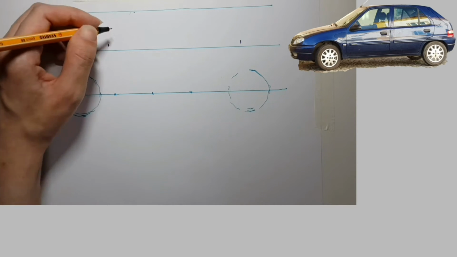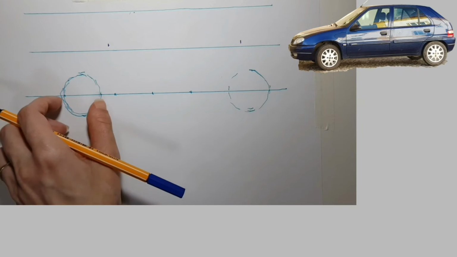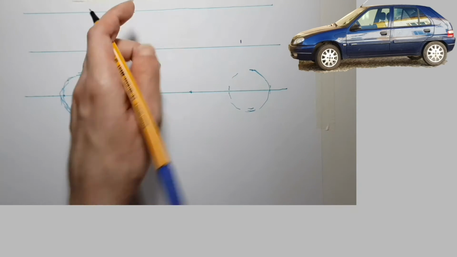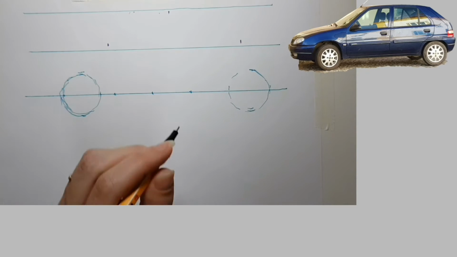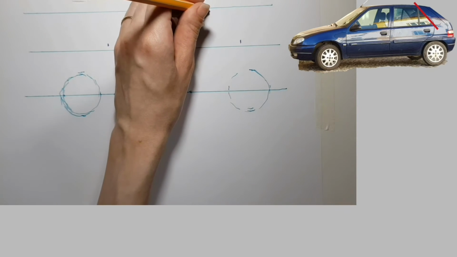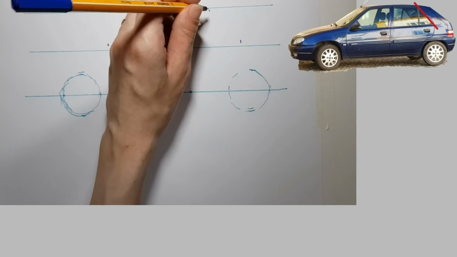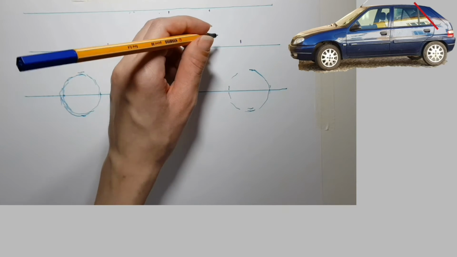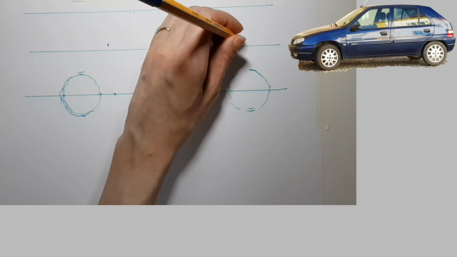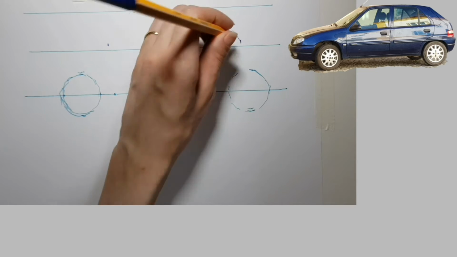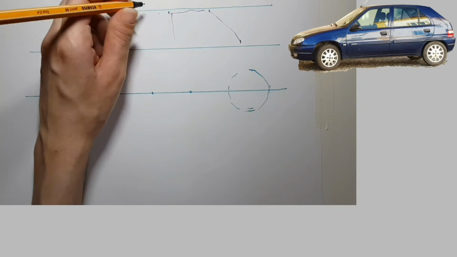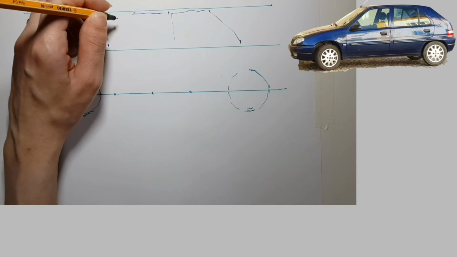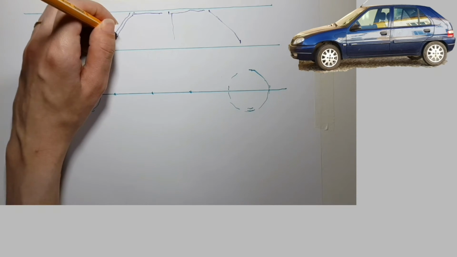I compare the sizes of the windows to the size of the wheel. There's a diagonal line going from the top line to the second line. There's a frame around the windows. We see pairs of parallel lines.